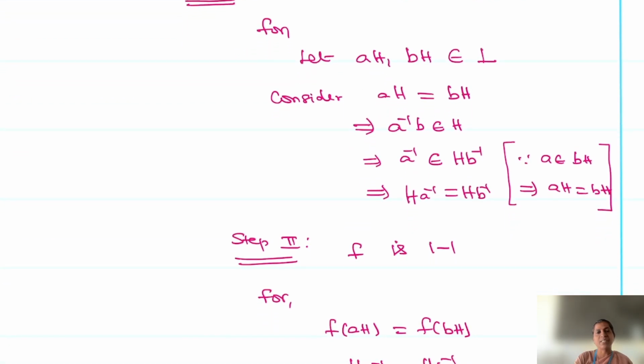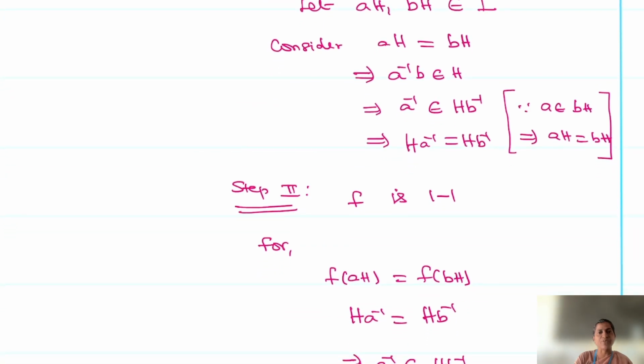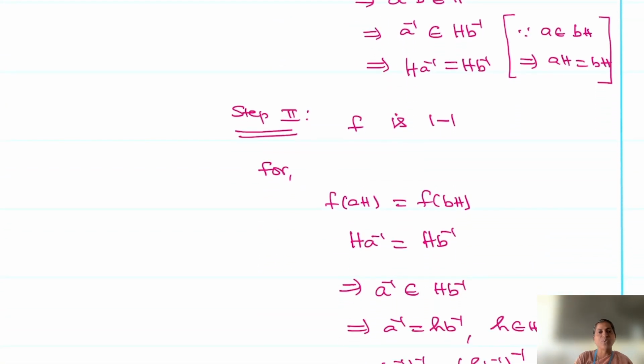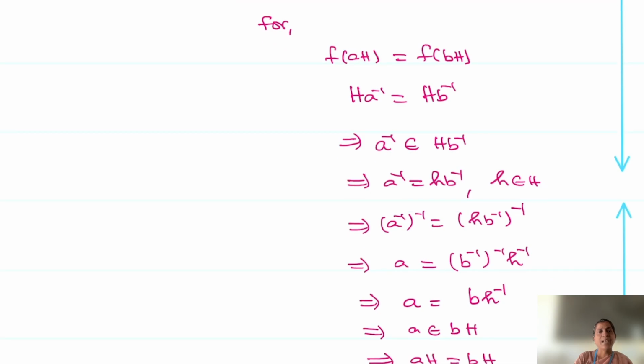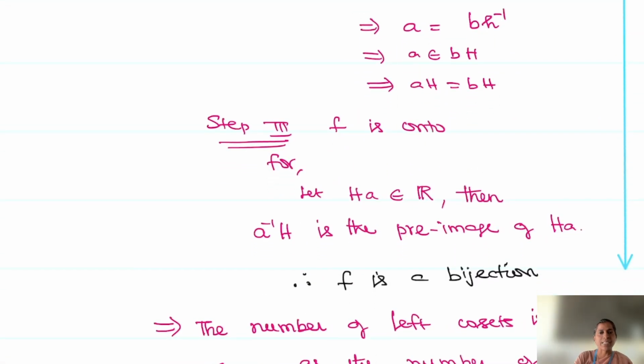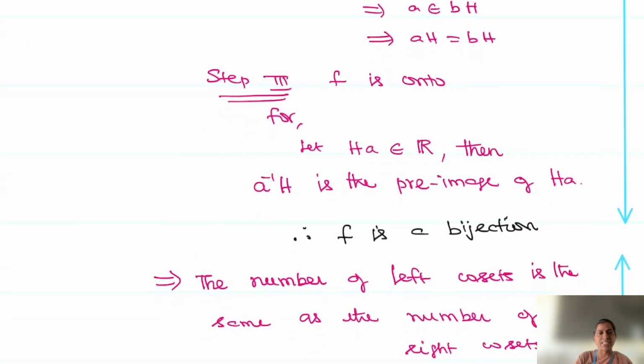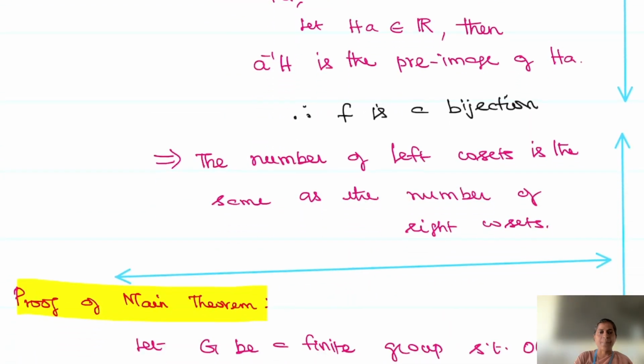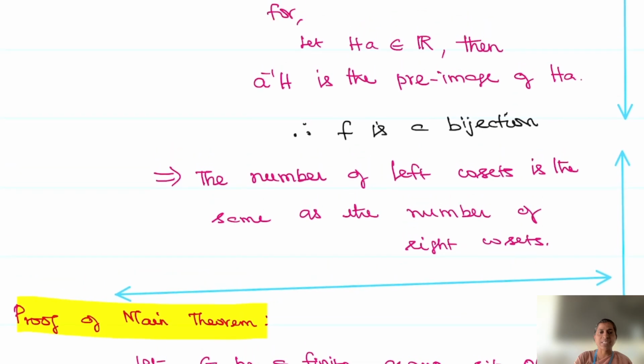Then we prove that their images are equal: elements are equal in the domain and the images are equal in the codomain, therefore it is well defined. Then one-one we can follow this method, and onto also we can use this. H is an element of R and A inverse H is the pre-image of HA. Therefore, the number of left cosets is the same as the number of right cosets.